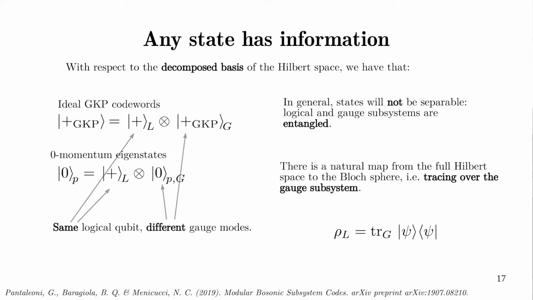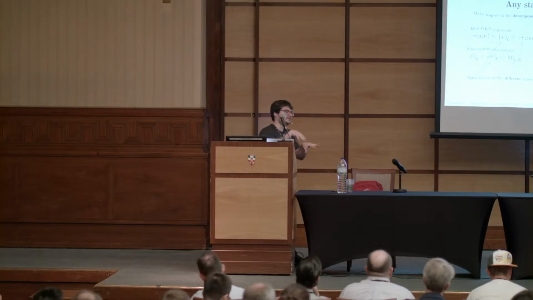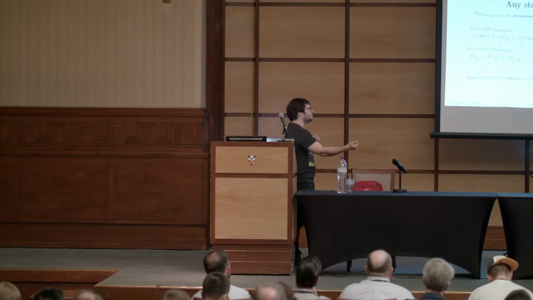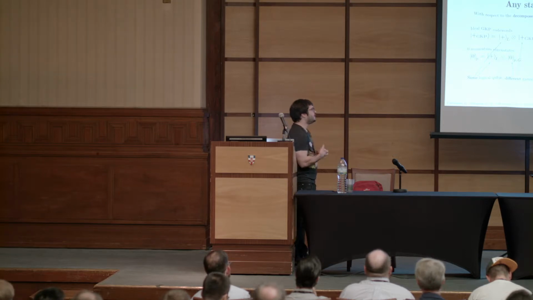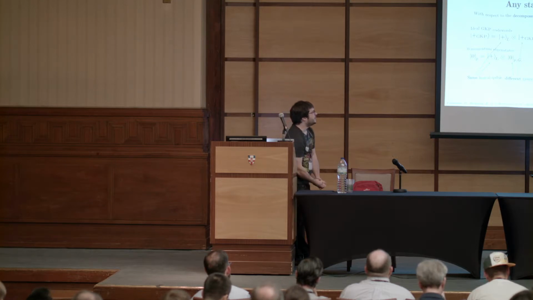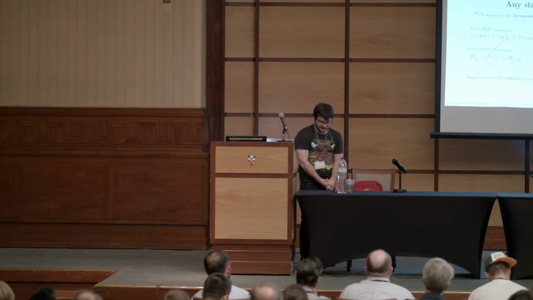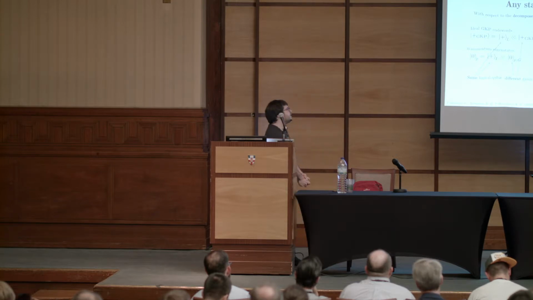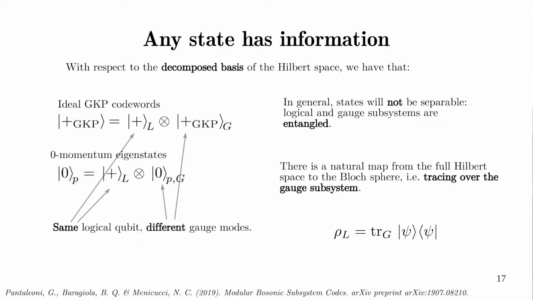Now, in real life, in general, states will not be separable. Logical and gauge subsystems are entangled. This entanglement means that there's going to be decoherence of our logical qubit that's given by the gauge mode. And how do we retrieve that information? Well, in a Hilbert space, there is a very natural map, the trace, so that once we trace out the gauge mode, which is by our own definition whatever we don't care about, whatever does not carry logical information, what we're left with is just a density matrix.